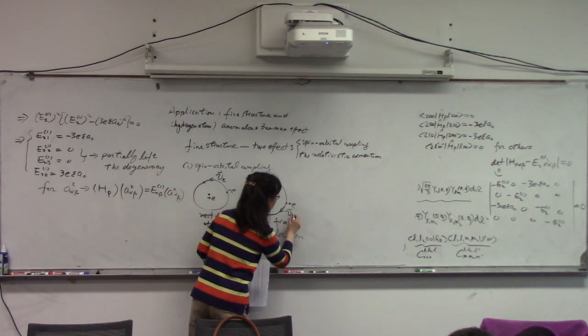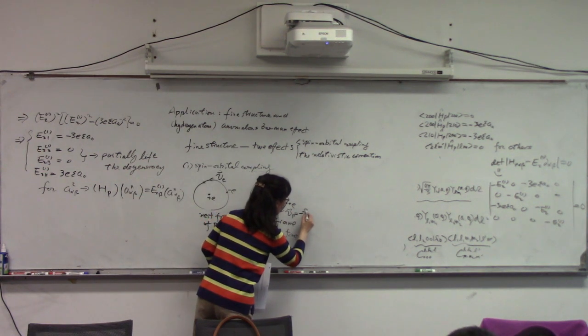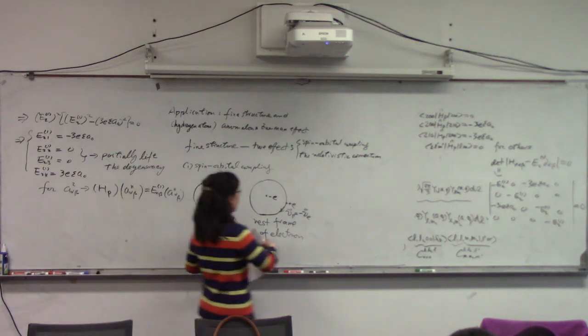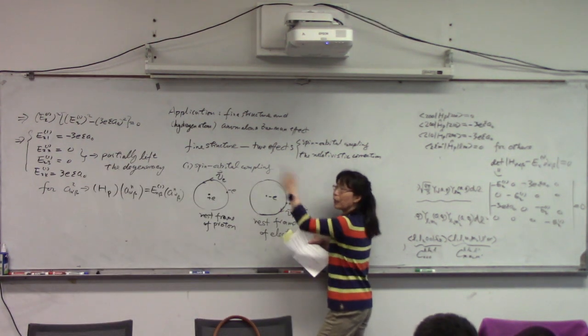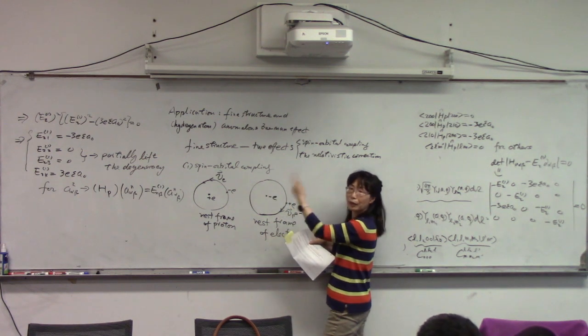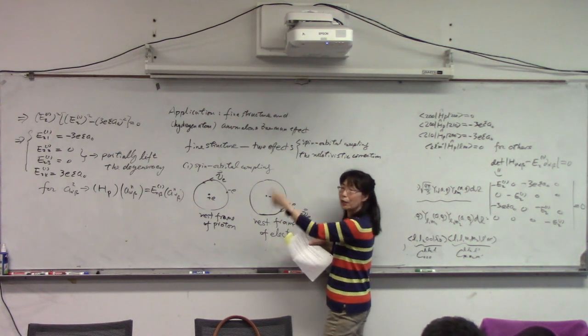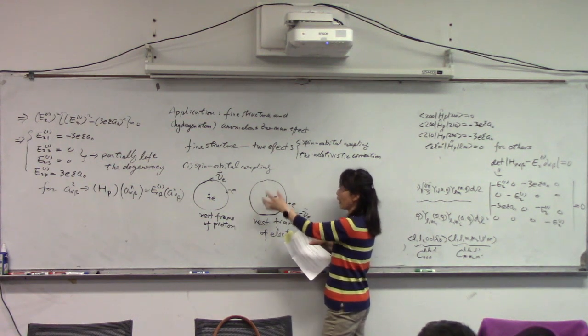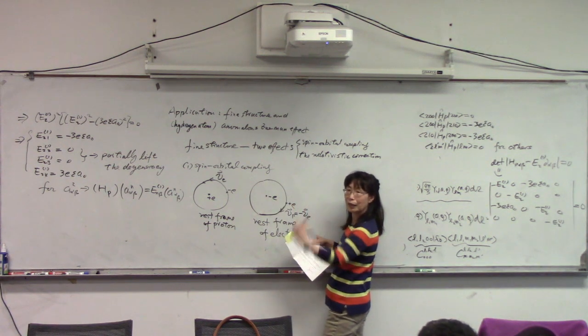So the velocity of the proton is opposite to that of the electron. Because the proton moves very quickly, you will see it's like a circuit, a current loop, right? You know that if we have a current like a circle, it generates a magnetic field.